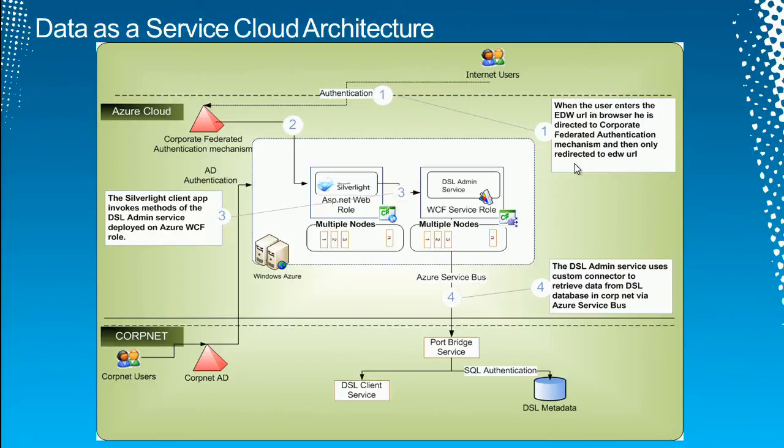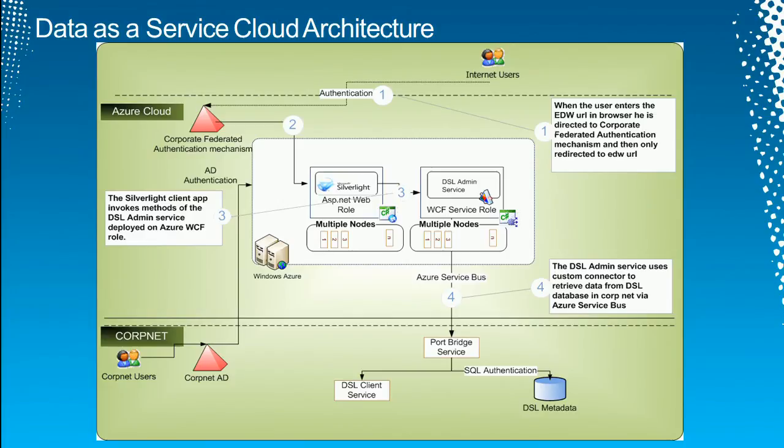Based on the instance, whatever the user queries, we redirect the query to either Corp STS or the Cloud STS. If it is in Cloud STS, we verify the user credentials and then pass it on to the web service. The web service connects to the on-premise metadata as well as the client service, which fetches the data through a custom-written port bridge service. And basically, it uses the service bus architecture.